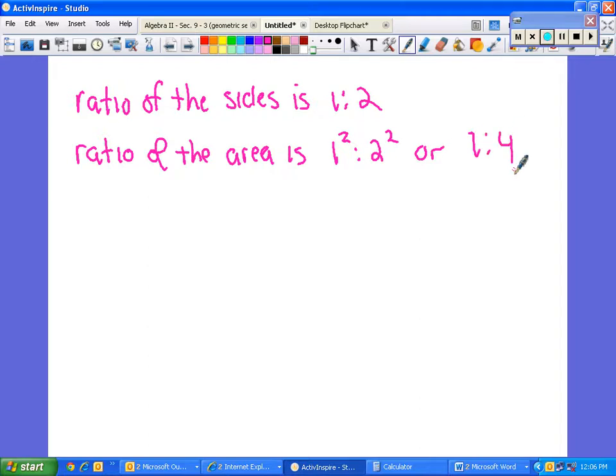When you're talking about area, you're talking about 2 dimensions. To find the area of each figure, you're going to square the ratio. So you can see that if the sides are 1 to 2, the area is 1 to 4.